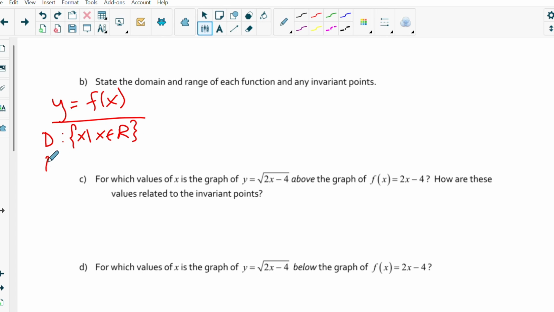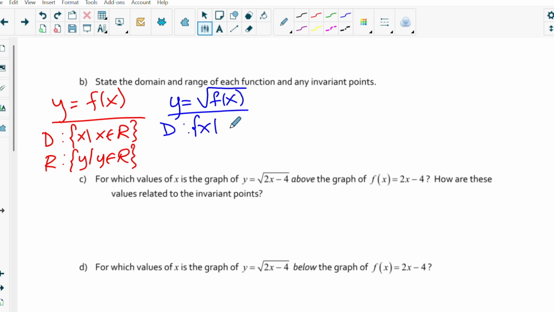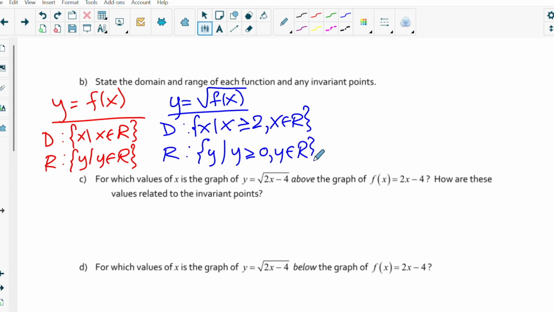So that's typical for a linear function. And y such that y is an element of all real numbers. What about for y equals square root of f of x? Well, that one, the domain is x such that x, starting from the endpoint, which is 2, is greater than or equal to 2. X is an element of all real numbers. And the range, y such that, well, we're starting from 0, y is greater than or equal to 0. Y is an element of all real numbers.